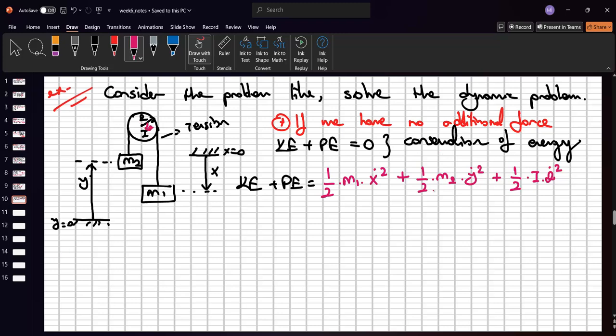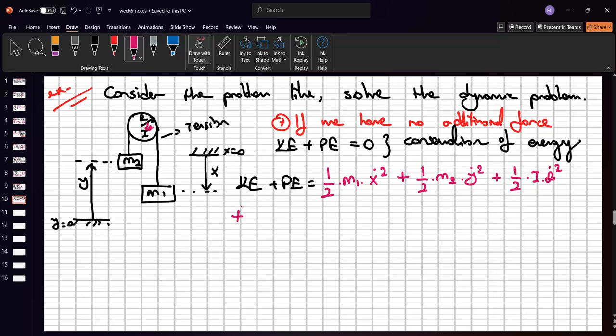So these are the kinetic energy. What is the potential one? How we can write the potential energy? What? Yes, yes, it's true. Just wait.